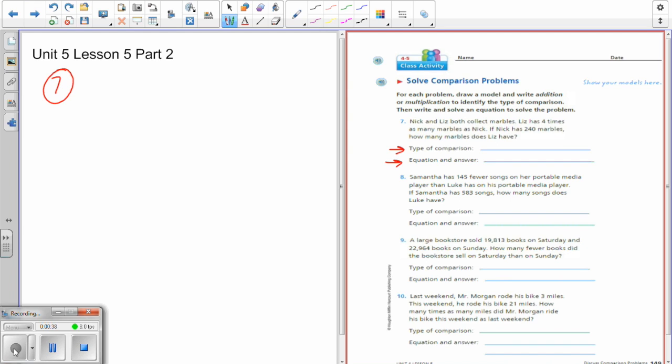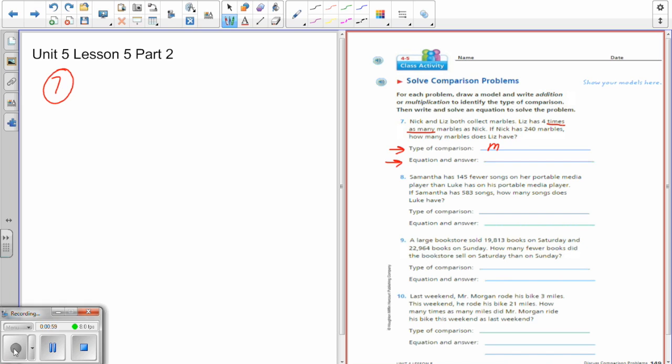I'm going to read the first one. Nick and Liz both collect marbles. Liz has 4 times as many marbles as Nick. If Nick has 240 marbles, how many marbles does Liz have? Well, I heard those magic words, times as many.